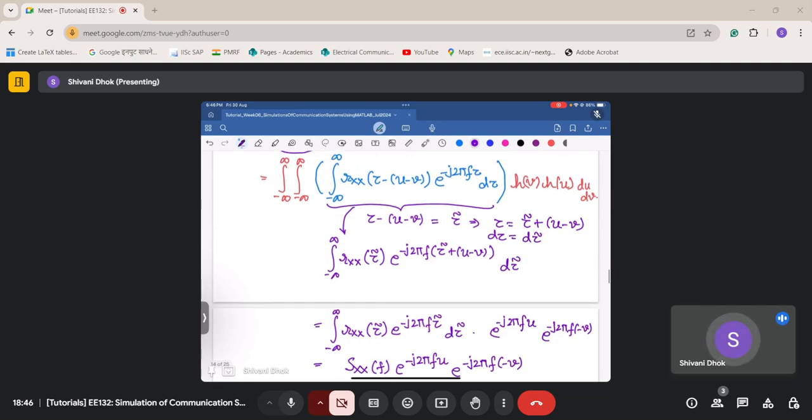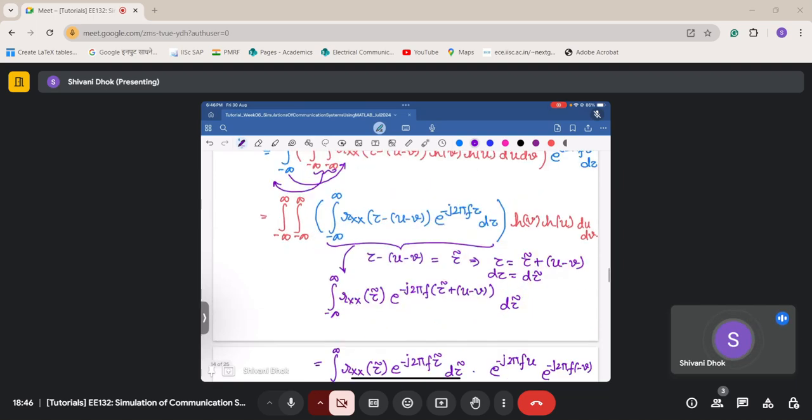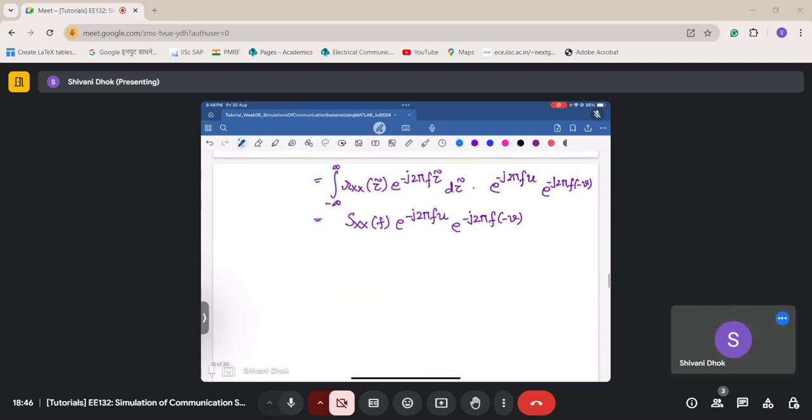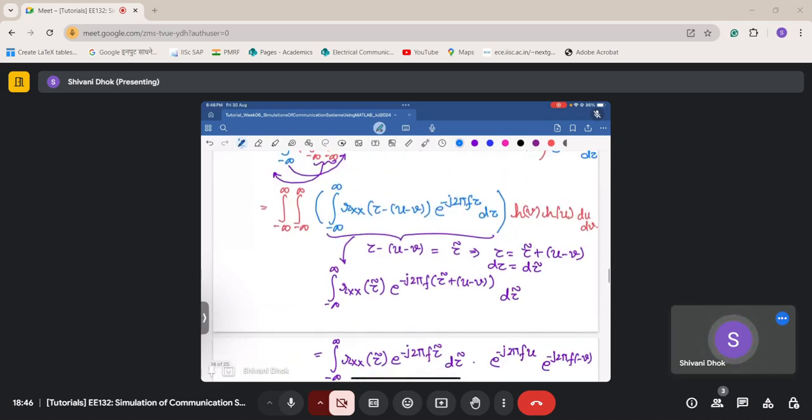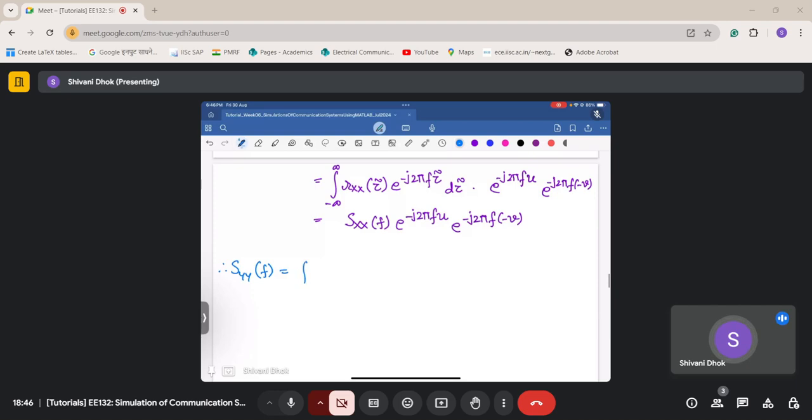So now let us substitute this back in our equation here. So what we have now, therefore, Syy of f now comes out to be equal to, these red integrals are there already, so we'll have integral from minus infinity to infinity, integral from minus infinity to infinity.